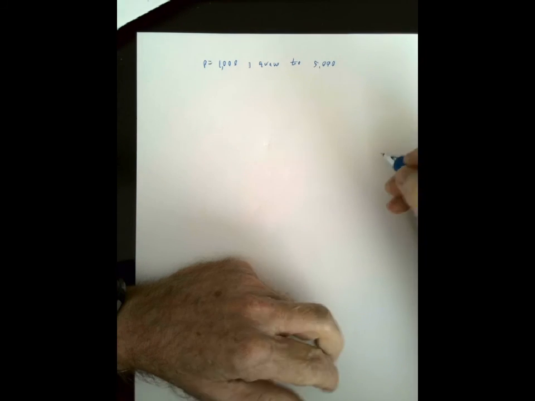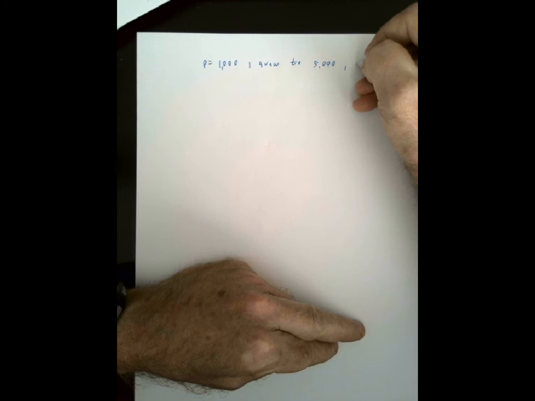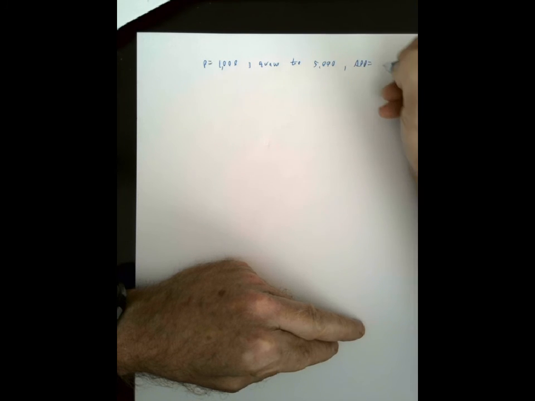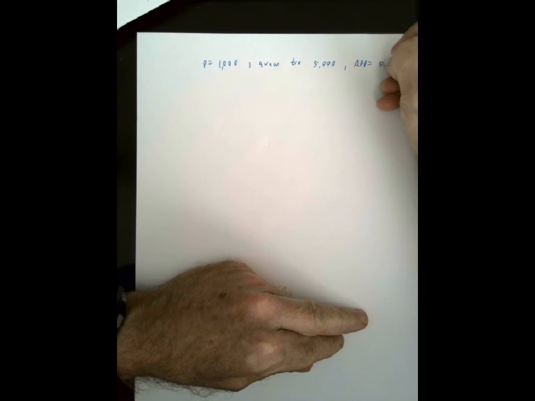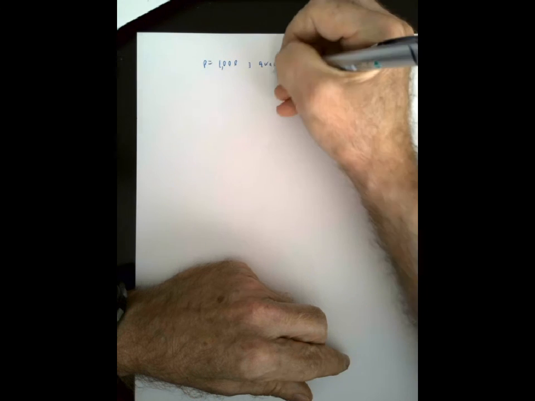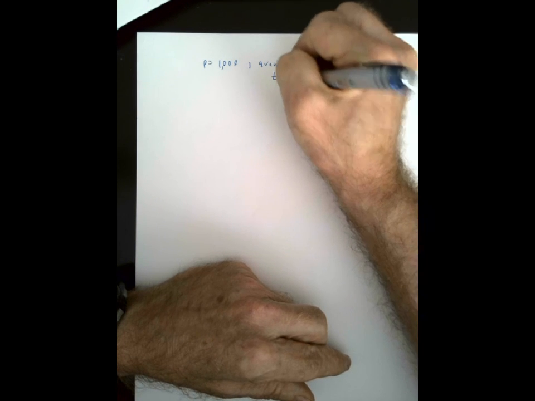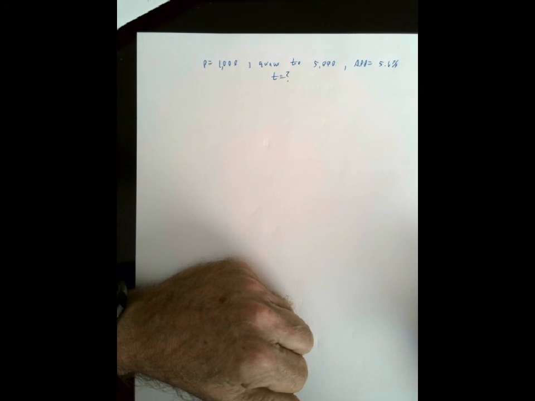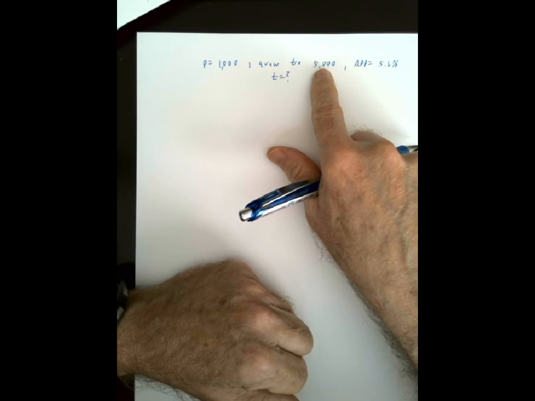And let's say that the annual percentage rate, the APR, is equal to 5.6%. And we want to know how many years will it take for $1,000 to grow to $5,000.